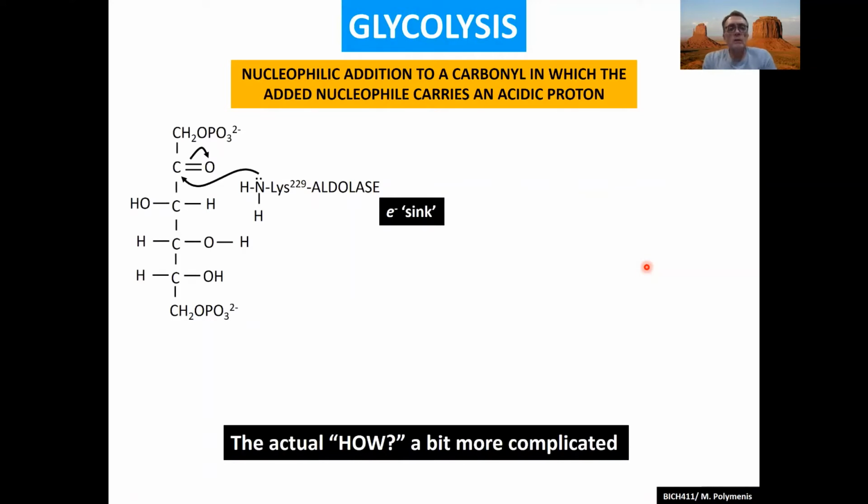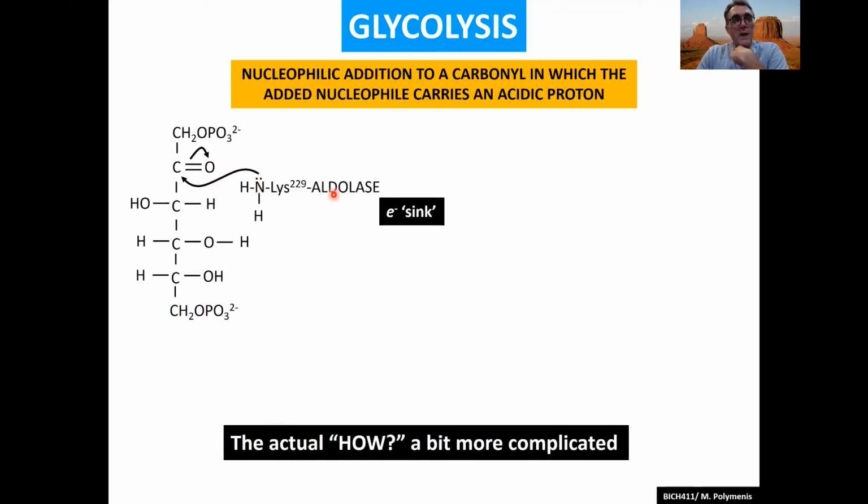So I'm showing you in a little bit more detail here the mechanism of aldolase. It is actually a bit complicated, and the actual mechanism is a little more complicated than we just described in the general scheme. You have an amino group that forms first as an intermediate.